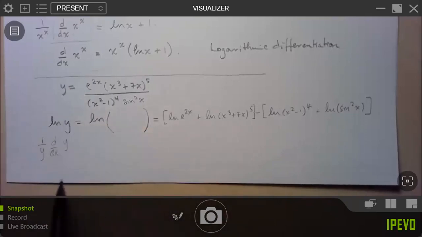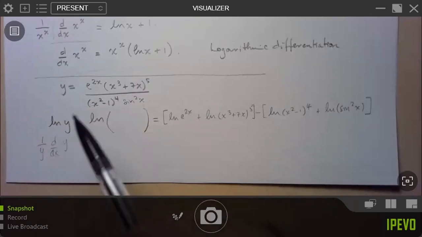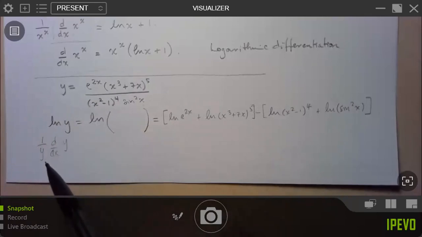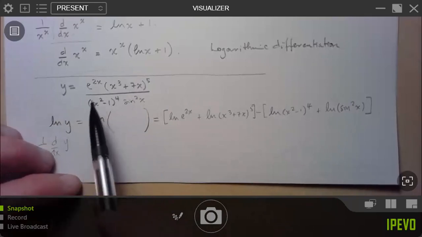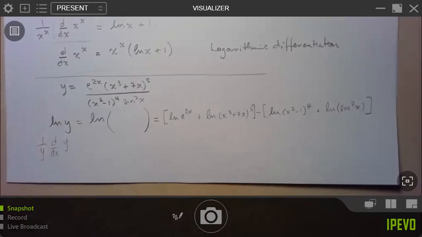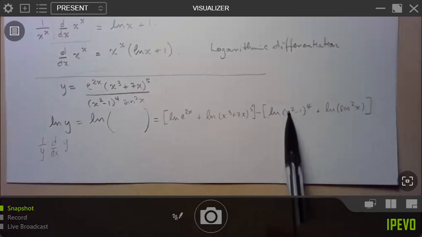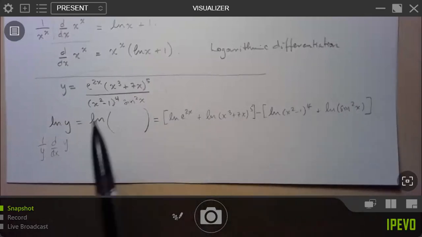So this method of logarithmic differentiation can sometimes be used on derivatives that you actually can find with more traditional methods, but it makes your life much easier because, again, taking derivatives of sums and differences is much easier than taking derivatives with a combination of products and divisions.